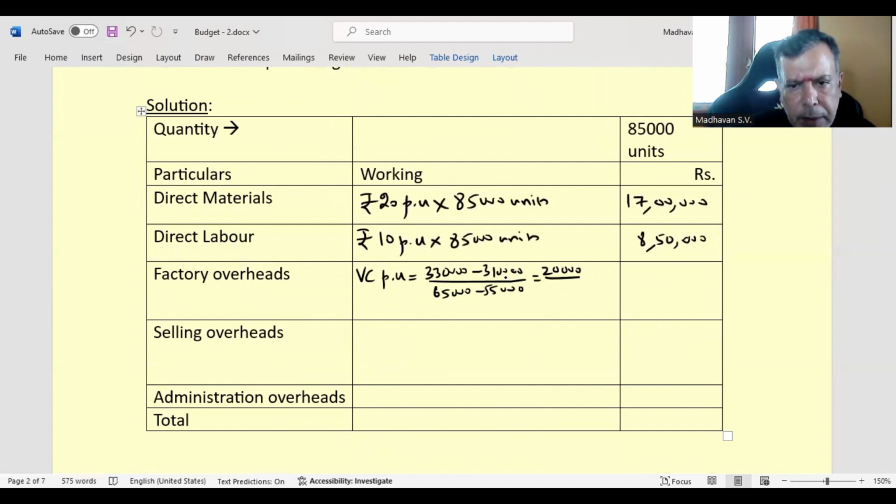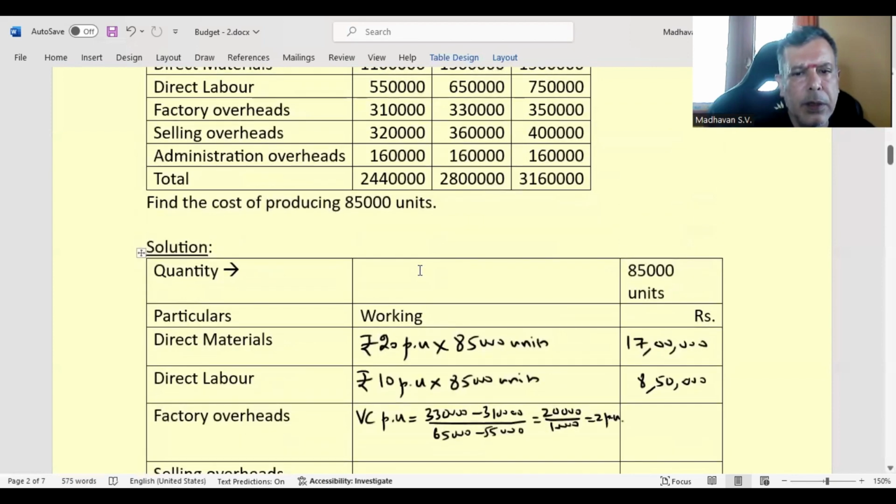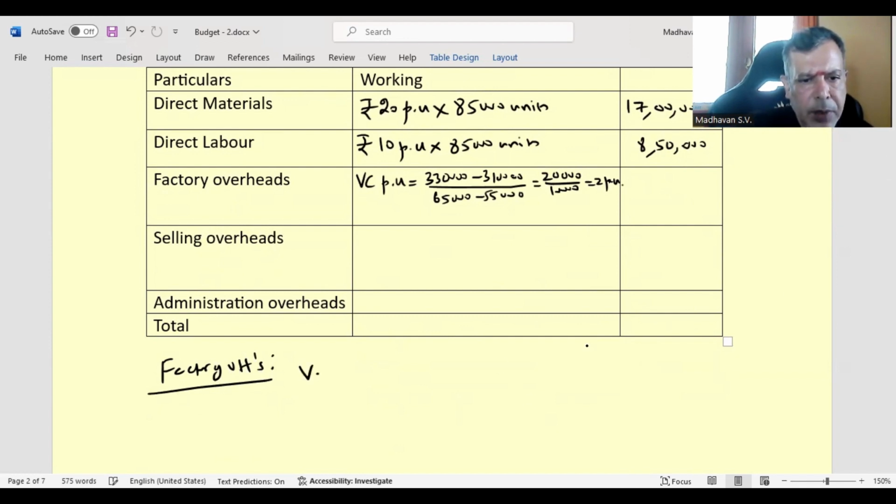In the denominator, we get 10,000, which means it is 2 per unit. That is the variable cost. So let us write it separately. Factory overheads: we already obtained variable cost as 2 per unit.